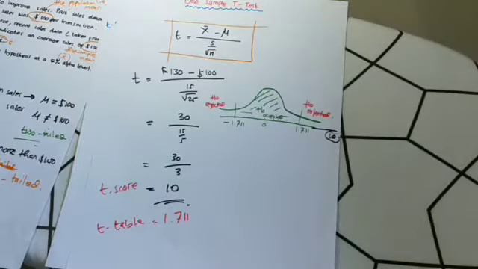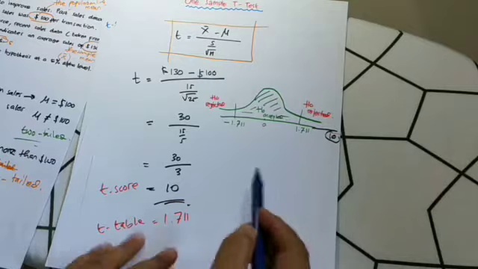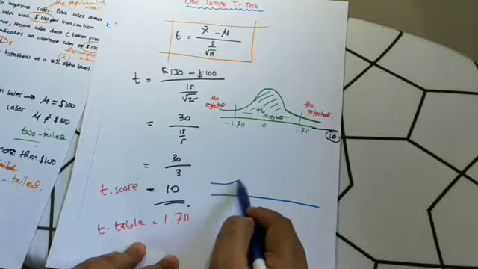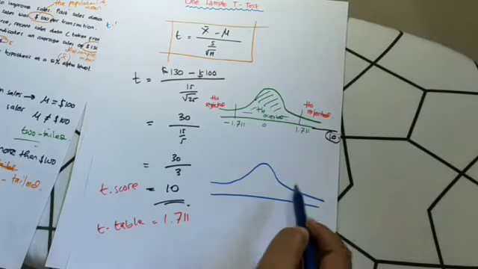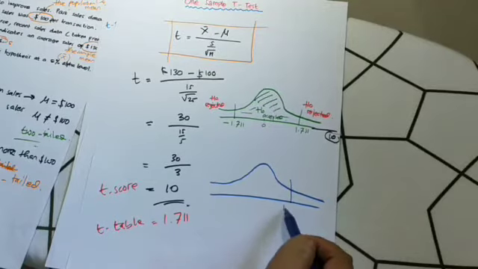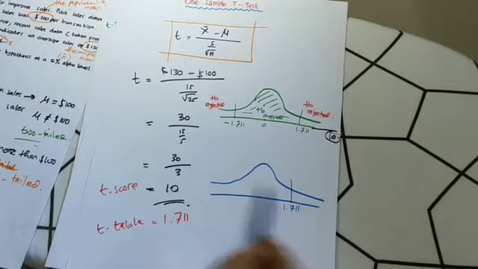So how to draw the curve? The curve will be like this one. Still the same, but because this is more than, we only use the right side, so only 1.711.